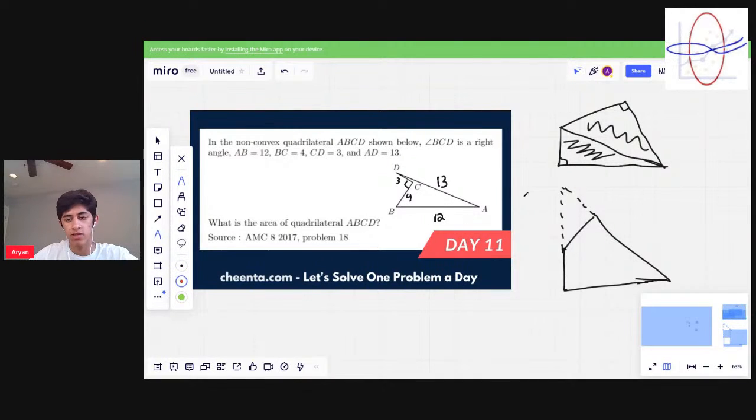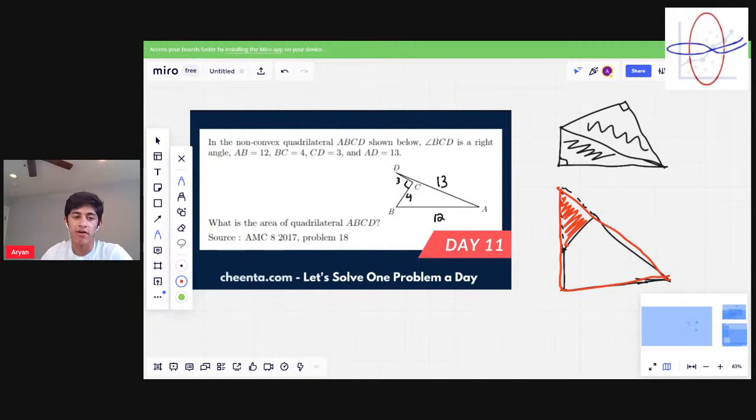If we outline this in red, it looks something like this. So find the area of the big red triangle, and then subtract off this small red triangle, and that would give us our desired region. These are pretty much the two main techniques you'll ever need for irregular figures.